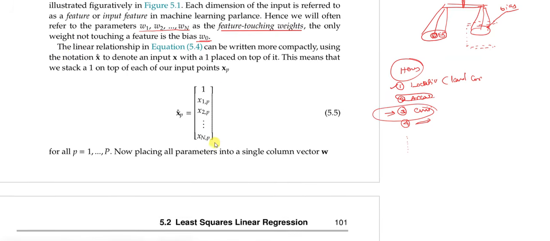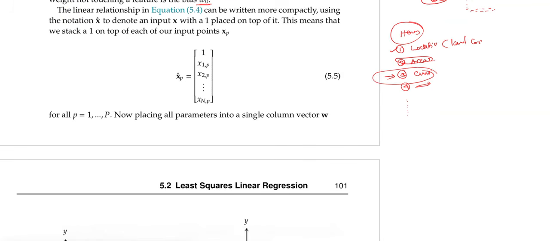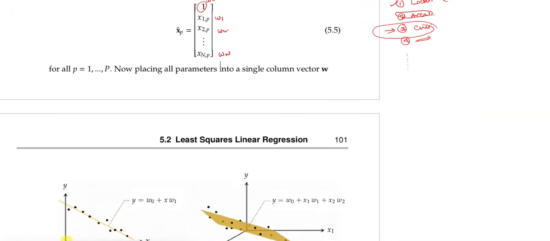The linear relationship would be like this. xp equals, here I can write 1, then w0, this is w1, w2, and so on wn. Here p equals 1, 2, 3, and so on, placing all parameters in a single column vector w.